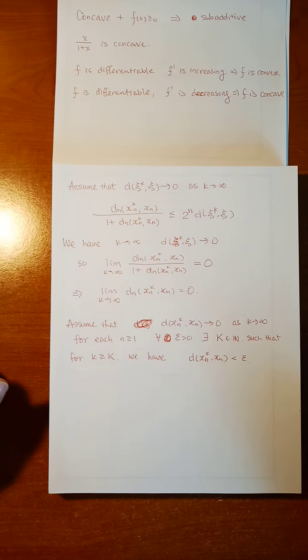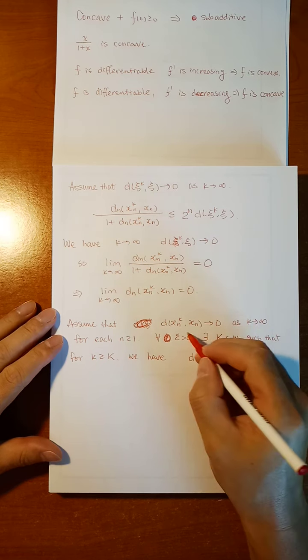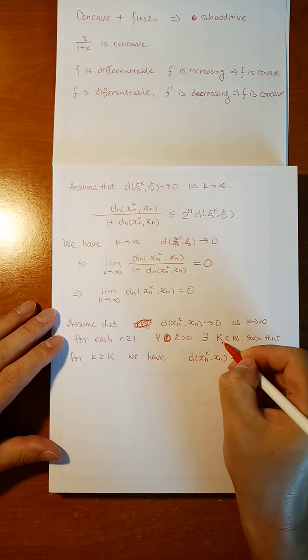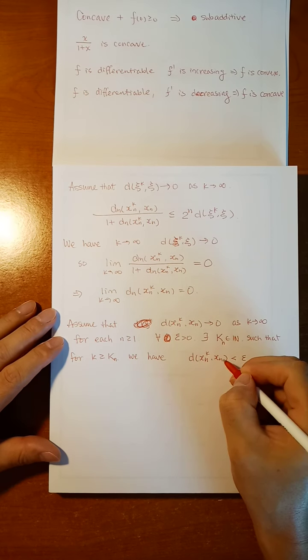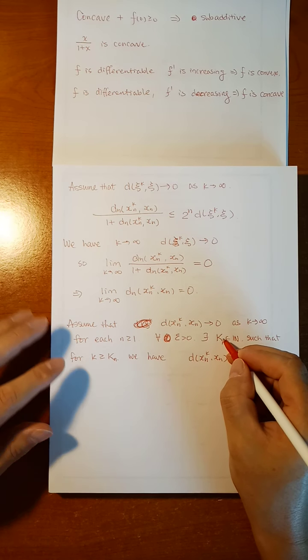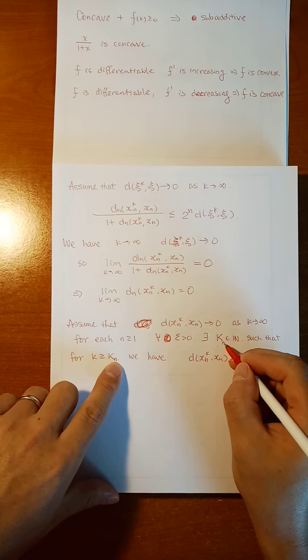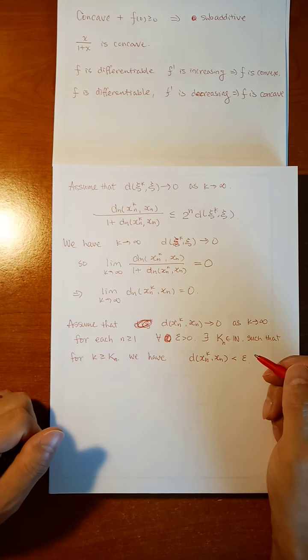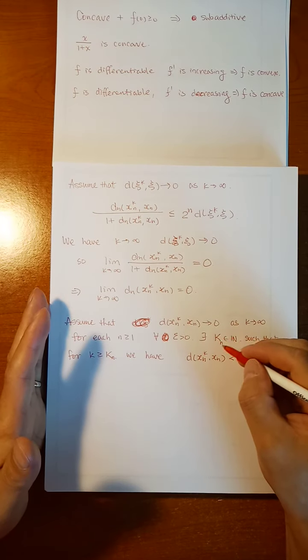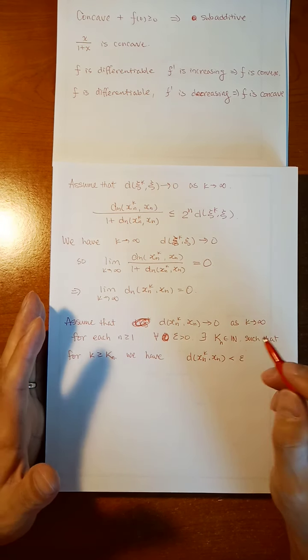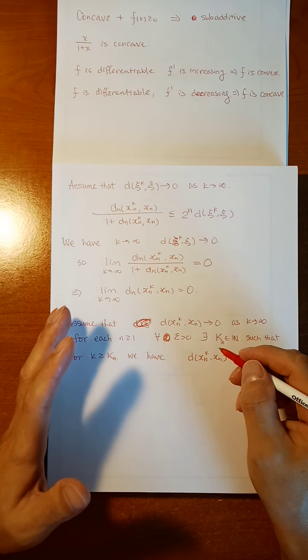The issue is the following. This K depends on this n. For different components, for different coordinates, you have different K_n. So this capital K is actually a function of n. But when you consider all of them, you have no idea how to control infinitely many K_n.